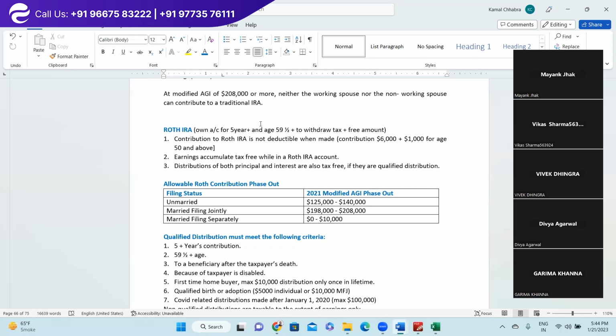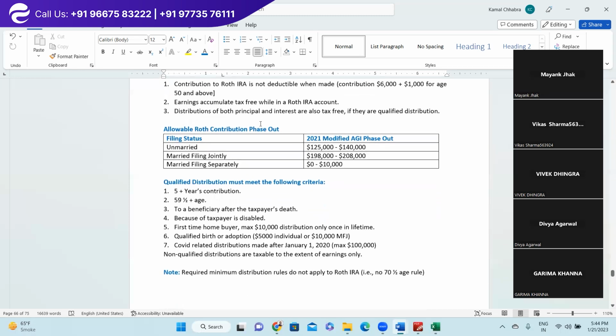The qualified distribution must meet the following criteria. First, you need to have deposited into the Roth IRA for at least 5 years, and the person should be older than 59.5 years before he or she withdraws.